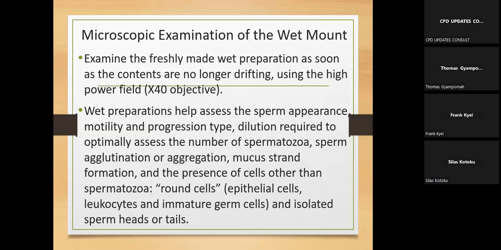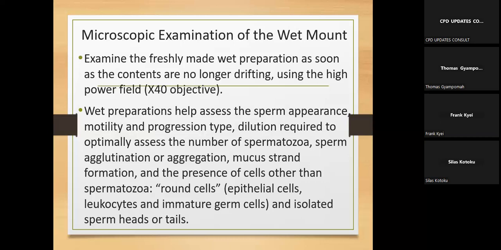All right, so your wet preparations will help you to assess the sperm appearance, the motility, the progression type, the dilution required. Just the wet mount will give you an idea about what dilution to make. And then, of course, if there's sperm agglutination and sperm aggregation, you will also see it. And then mucus.